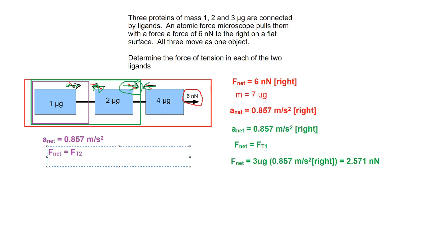I can find this force of tension 2 by again taking my purple mass, which is 1 microgram, and multiplying it by my acceleration. Let's put the directions in properly to make sure that everything's on the up and up here.